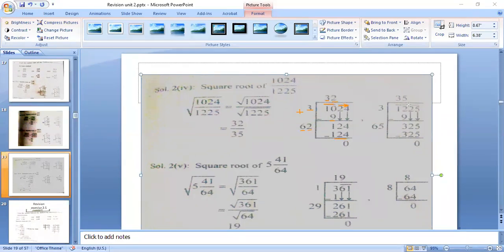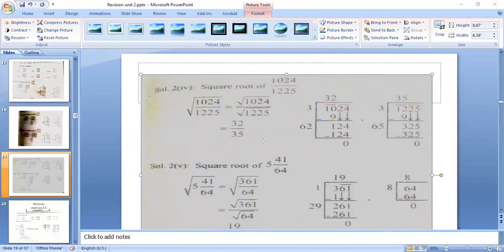Similarly, we find the square root of 1225 and its square root is 35. Now we write the square roots, 1024 square root and 1225 square root and their answer. Now we write their answer 32 by 35. This is how we write the answer.